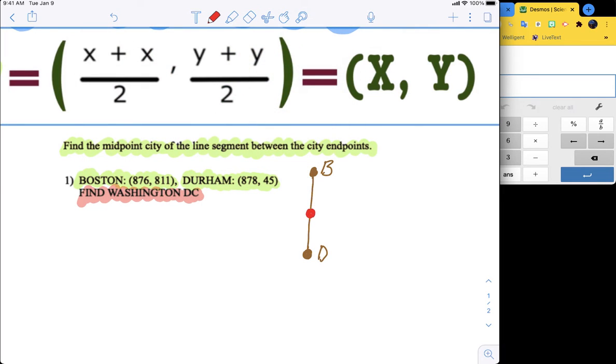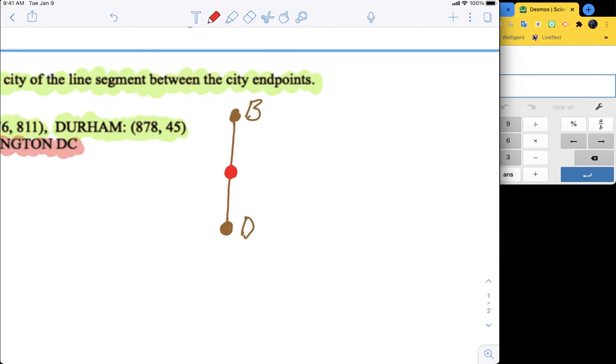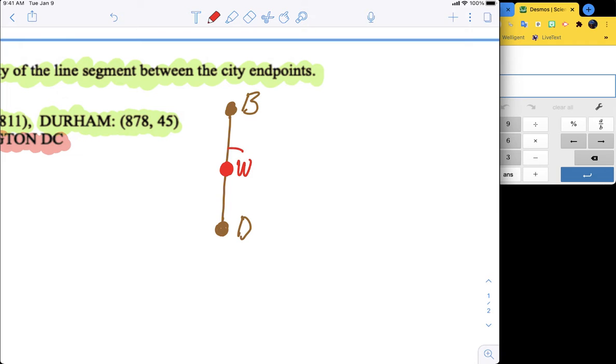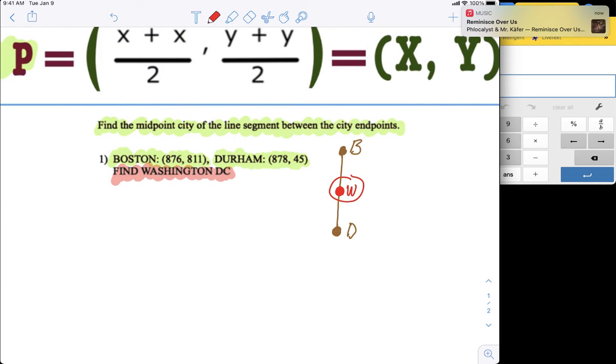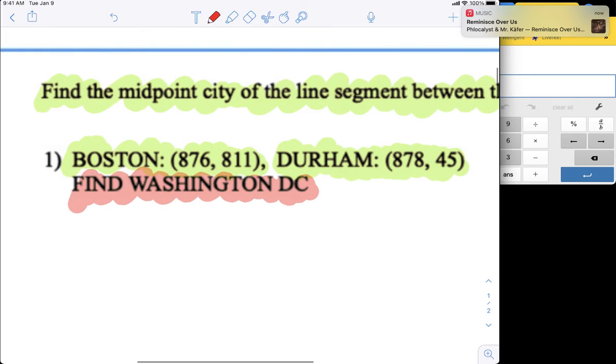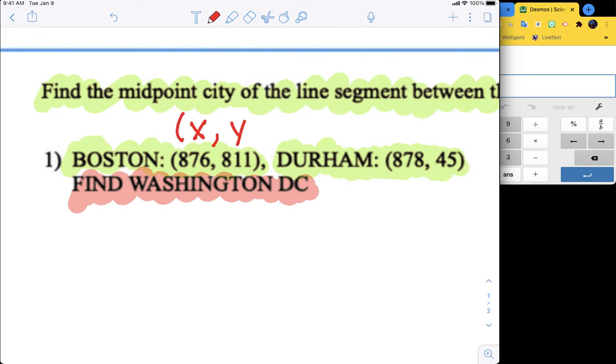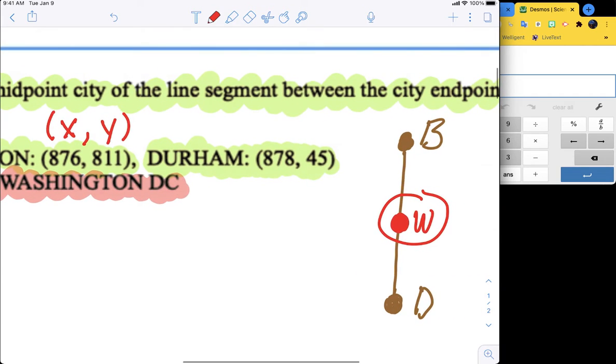What are the coordinates of Washington? We're going to use our midpoint formula to find it. This is what we need to find, the midpoint. So we identify our x, y on each coordinate: that's for Boston, and that's for Durham.